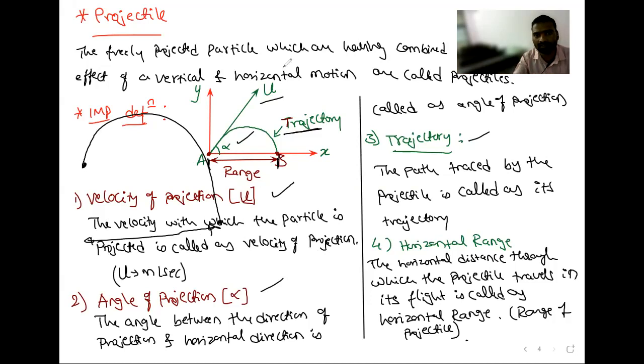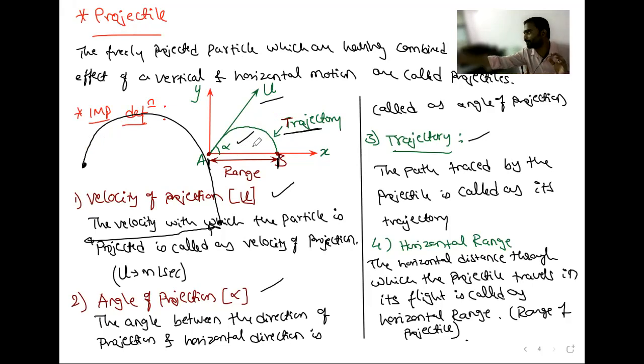Is it clear? Yes, sir. In the problem, he will give this type of example or this type of example. If you are throwing two balls with the same initial velocity, then they will cover the same range.